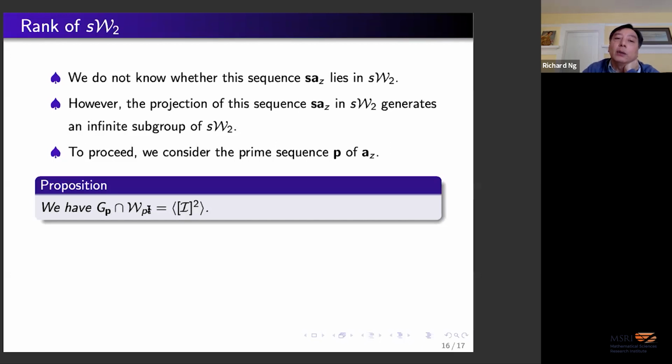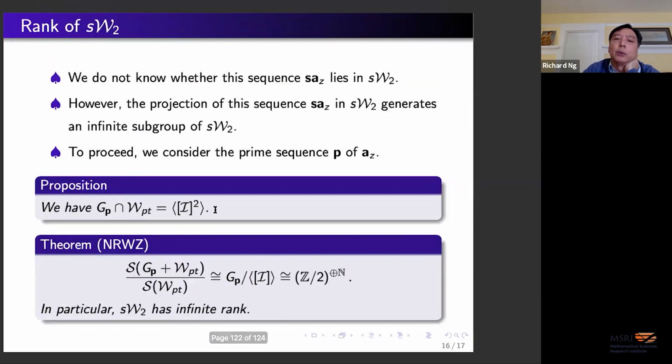This one, when it intersects with the pointed part, can only be generated by the square of the Ising. The computation is also done by using the central charge homomorphism. So this proposition allows us to prove this formula.